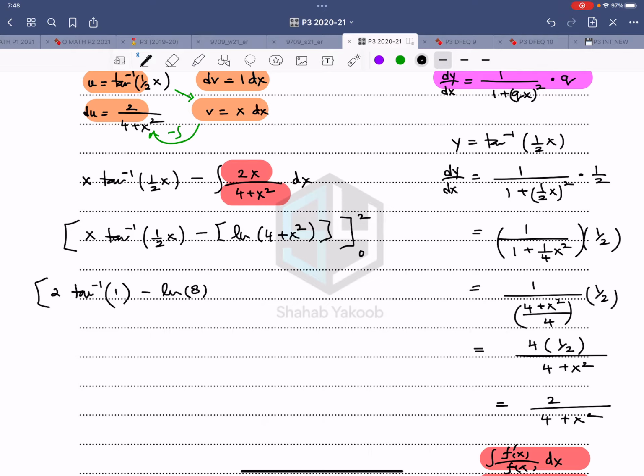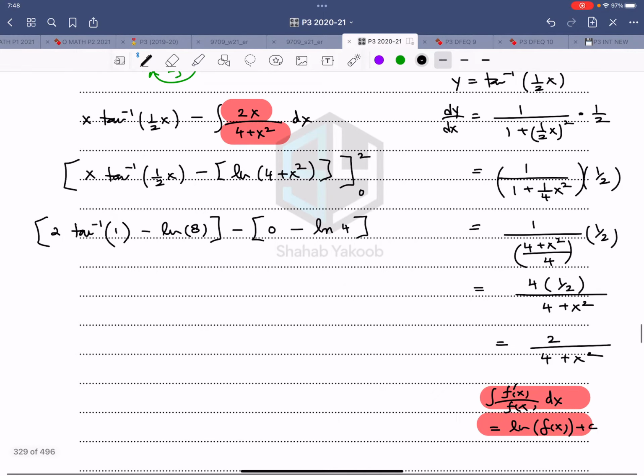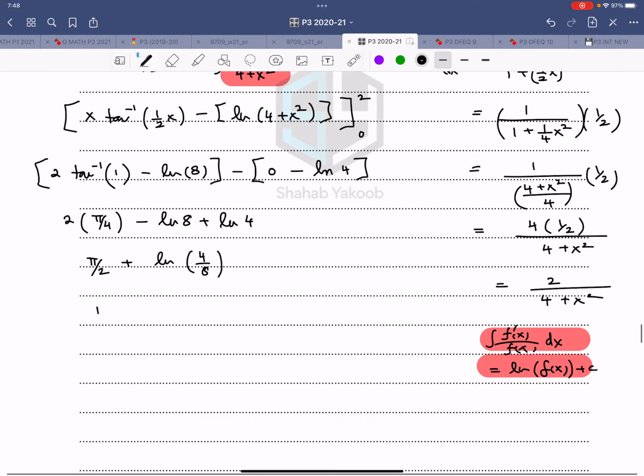Minus 0 into tan inverse of 0, that is 0, minus ln of 4. So therefore this is 2 tan inverse of 1 is pi by 4, minus ln 8 plus ln 4. This is pi by 2, and this is plus ln of 4 over 8. So therefore pi by 2 plus ln of half, that's one way of writing it.